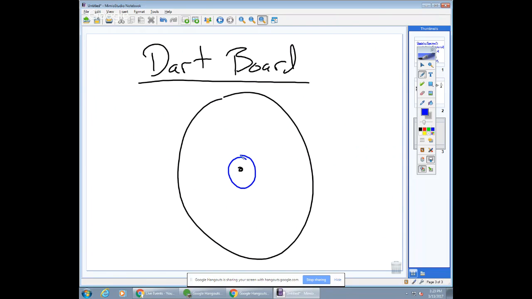And actually, I wanted to make that a little bit smaller. Now let's say the inner one, the radius is equal to 1. And on the outer one, radius, let's call it a capital R, is equal to 10. And I want to know what's the probability of hitting the inner circle.